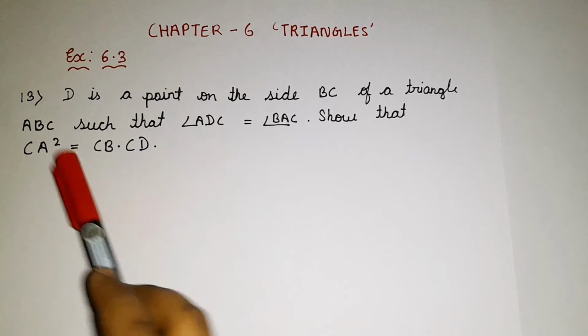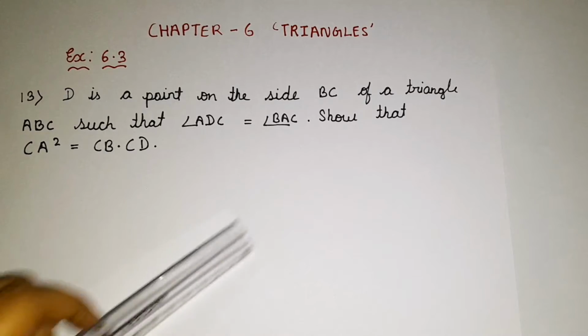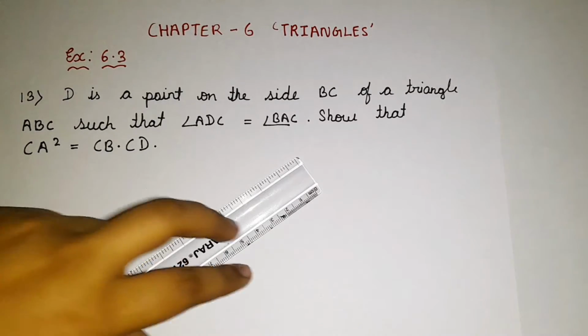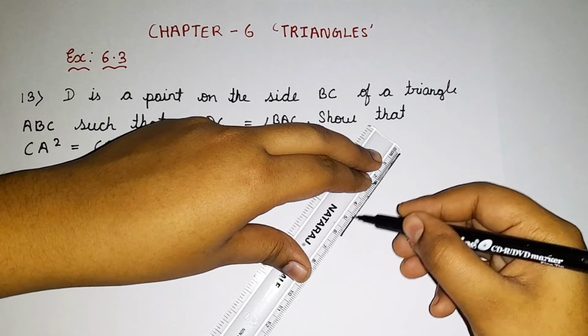Now we are supposed to draw the triangle. According to the question we are supposed to draw a triangle ABC.